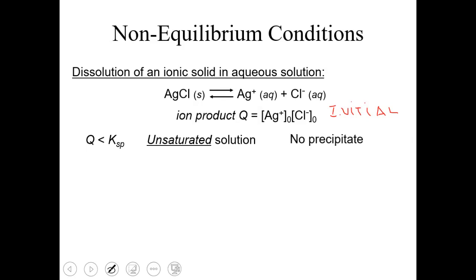In other words, no precipitate is going to be formed in this case. What if the value of the ion product is the same as KSP? Well, that means that you are exactly at the molarities of these ions that give you equilibrium. In other words, what we call a saturated solution. That is a solution that has the maximum concentrations of ions that it can tolerate, right?